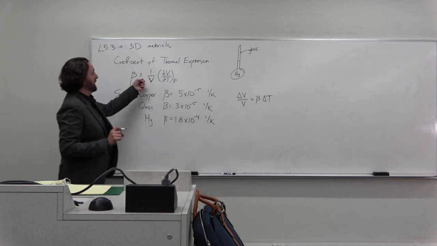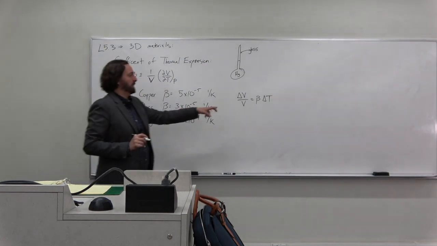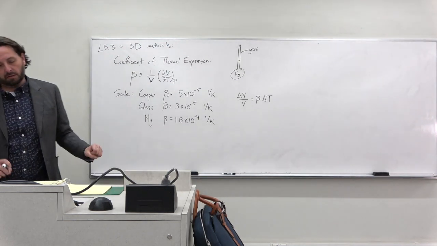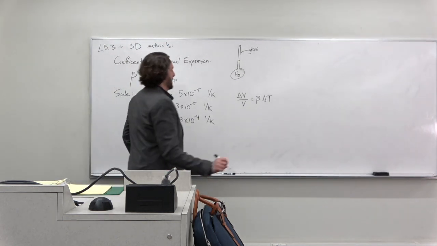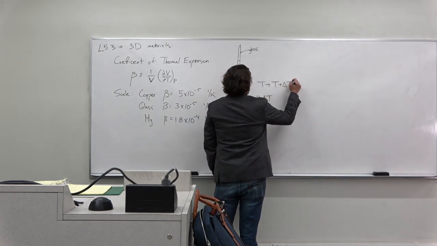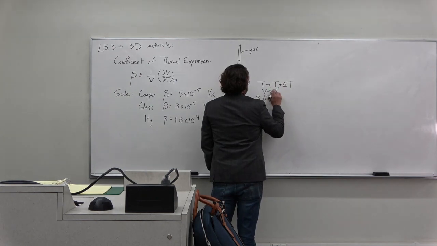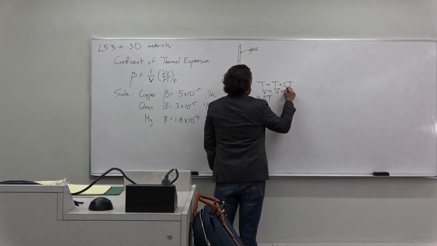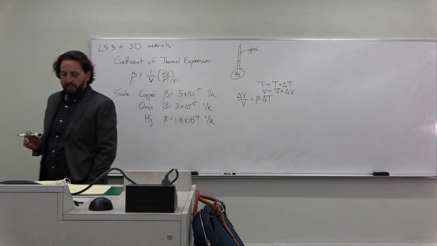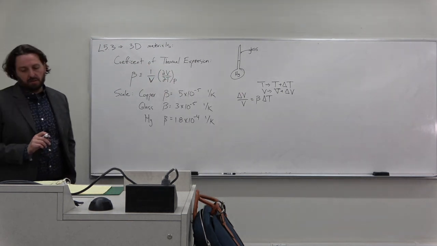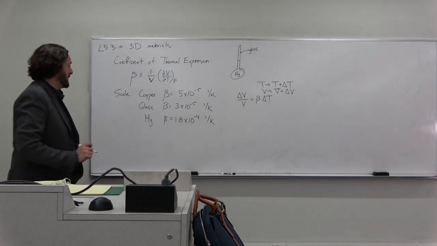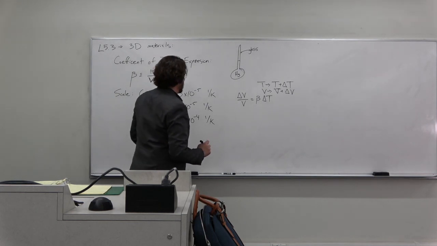So this is our proper form of it, but if we're just going to look at some small region, we can just look in some linear region, right? So that is if T goes to T plus delta T, and V goes to V plus delta V, then beta can tell us how much things change. All right, so let's look at the comparisons.